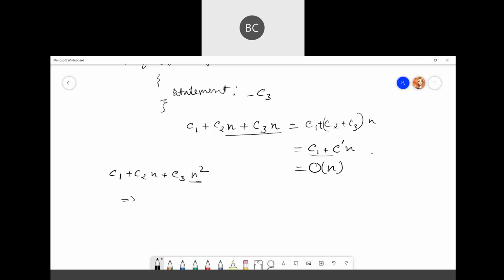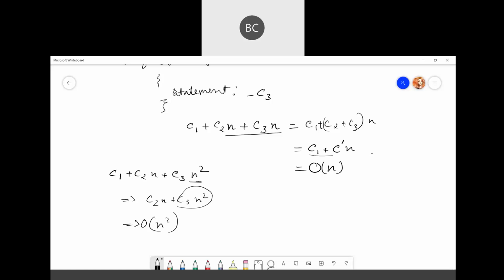In this case, the complexity for the whole program you can represent as C2n plus C3n², but again we are mainly concerned about the larger part, so you can consider it n².